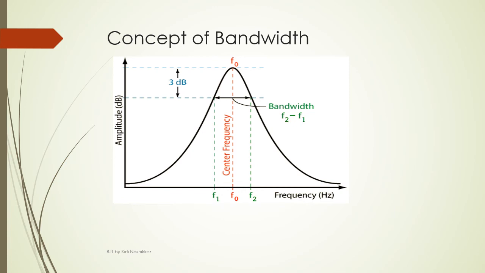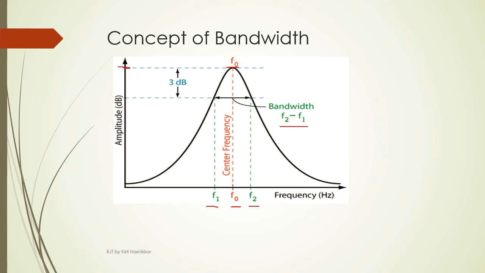So bandwidth, as you can see in this diagram, is nothing but the difference between two frequencies. Okay, F2 is the upper cutoff frequency and F1 is the lower cutoff frequency, and the middle frequency is the center frequency. Now this middle frequency has the maximum value or maximum amplitude, as you can see here.